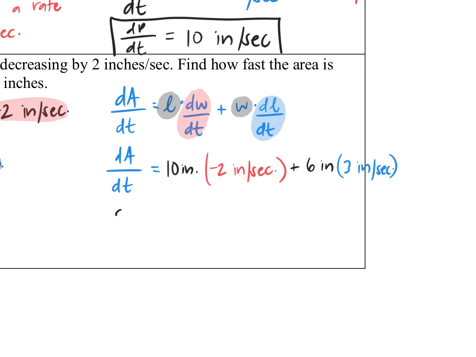But I can go ahead and simplify this. So the derivative of my area with respect to time is going to equal 10 times negative 2 plus 6 times 3, which is negative 2 inches squared per second.